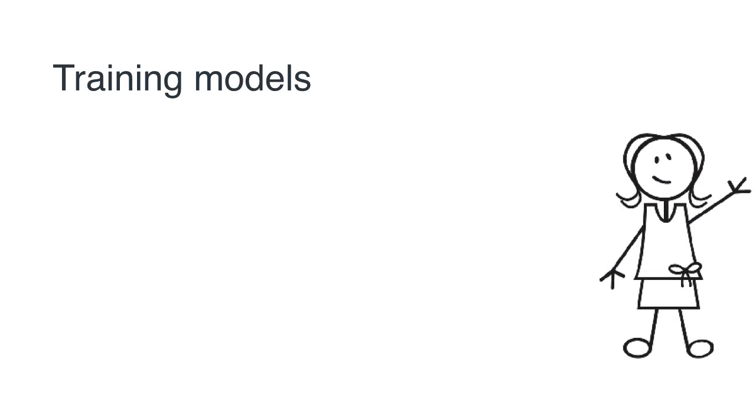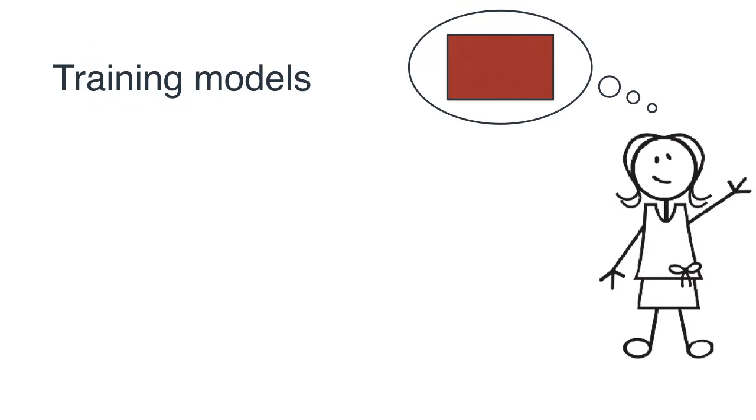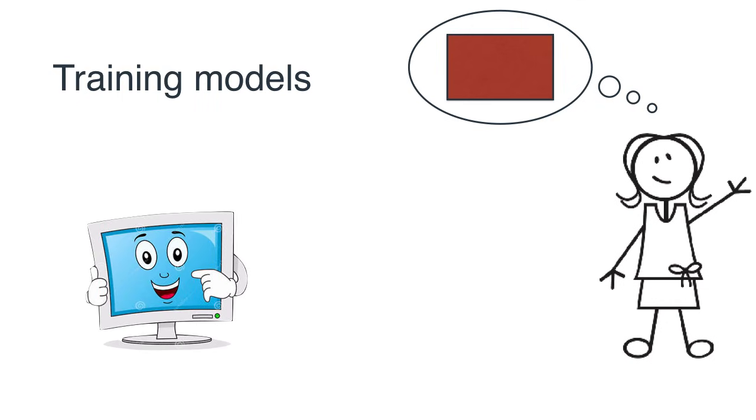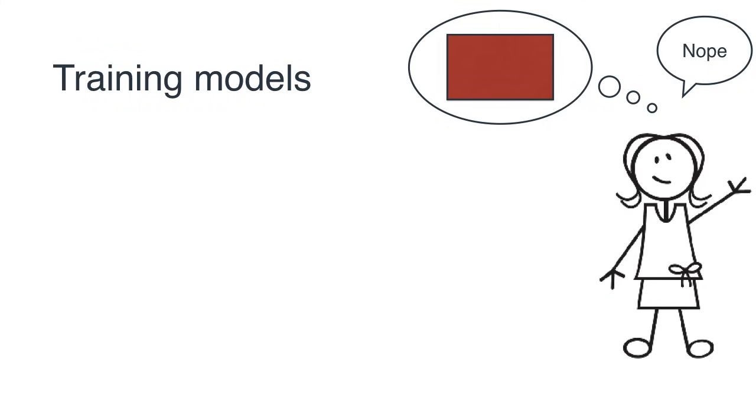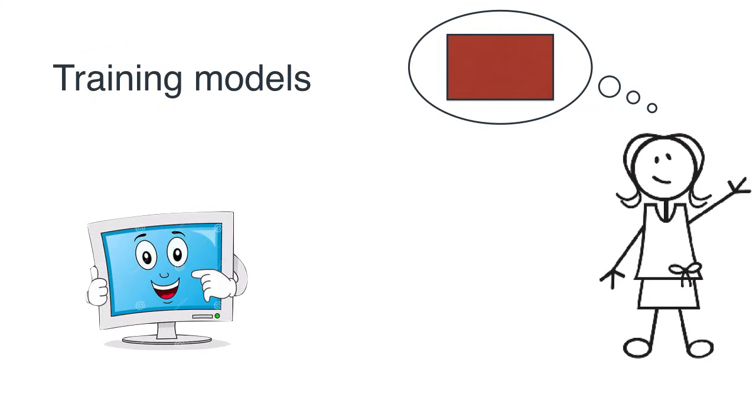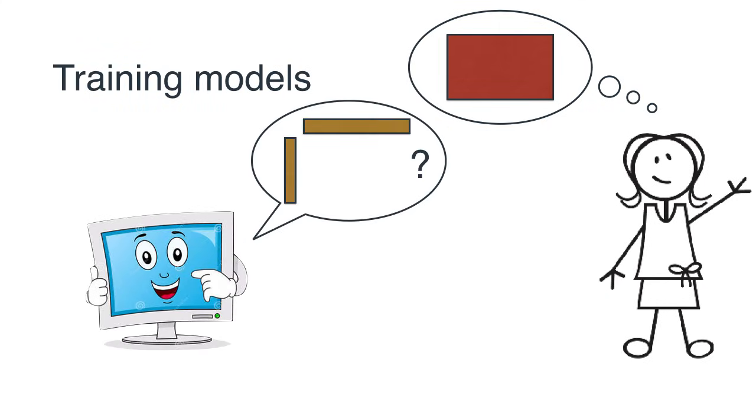So let's say this is the person, the machine learning professional, and the machine learning professional is thinking of a matrix, and then a computer comes in and tries to factor this matrix. So the computer says, okay, is your matrix the product of these two small ones? And the human says, nope. So the computer goes back and then comes back again and says, actually, is your matrix a product of these two other matrices?